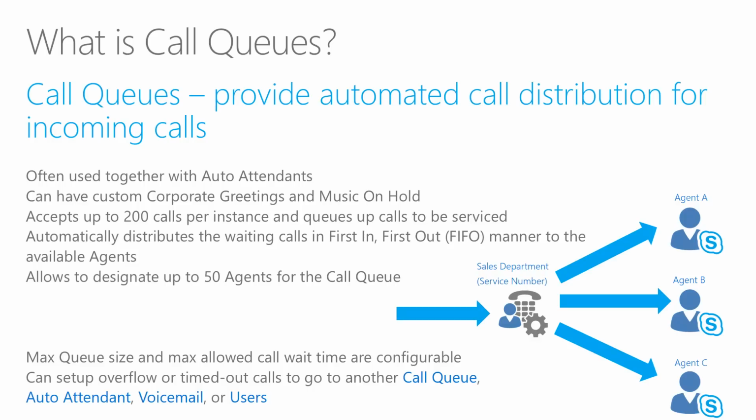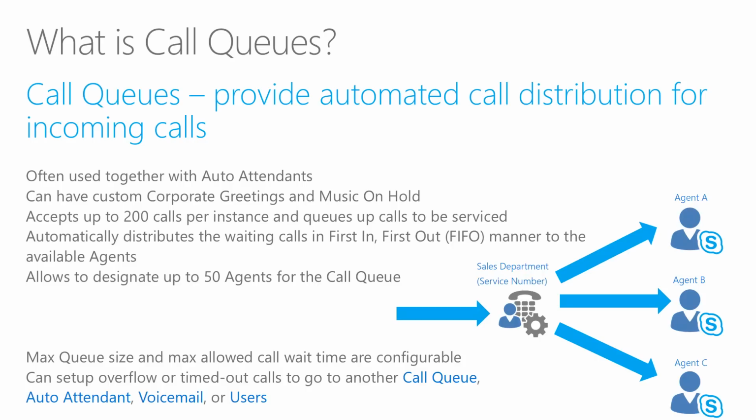So an introduction into call queues. What are call queues? They provide automatic call distribution for incoming calls. If you've seen the training about Cloud PBX auto attendants, this is a bit different. A call queue intercepts the incoming call.